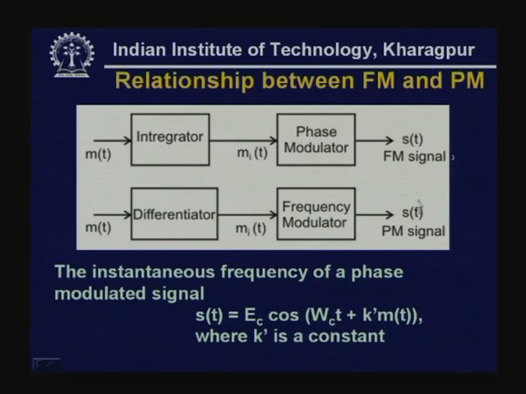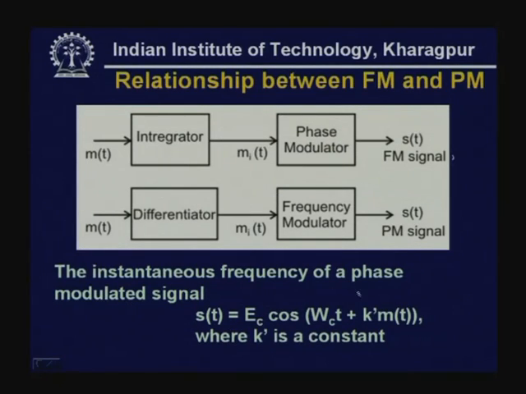So, you see you can get a frequency modulated signal by using a phase modulator. However, before that you have to do the integration of the modulating signal. The other one is also possible. You can get a phase modulated signal with the help of a frequency modulator. However, the modulating signal has to be differentiated. So, let us see how exactly it happens.